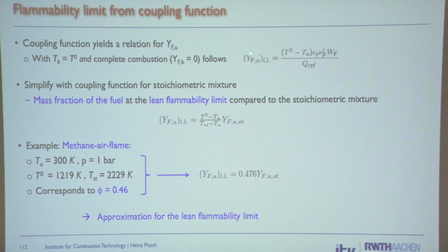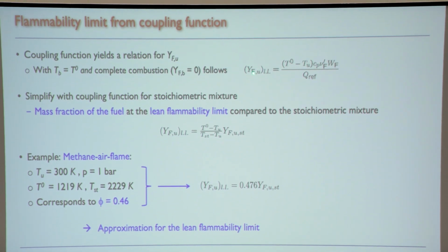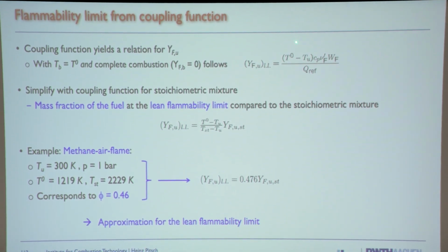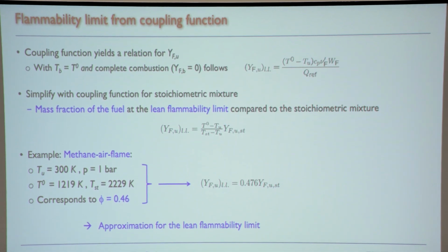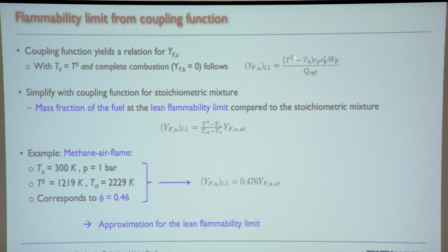The coupling function gives us a relation between the mass fraction of fuel in the unburned and the temperature. Now we set the temperature equal to the value of the inner layer temperature. So that here should be the burnt gas temperature, and that is the condition that's equal to the inner layer temperature.